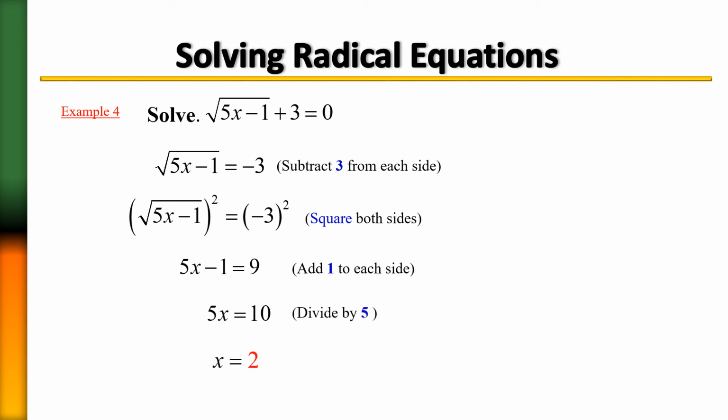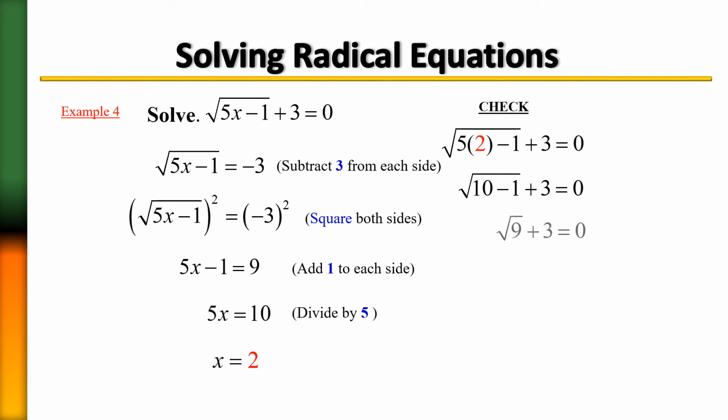So now we need to plug our solution into the original equation to see if it checks out. So we're going to remove the x and replace it with 2. When we do so, it looks like so. 5 times 2 is 10. 10 take away 1 is 9. Square root of 9 equals 3.